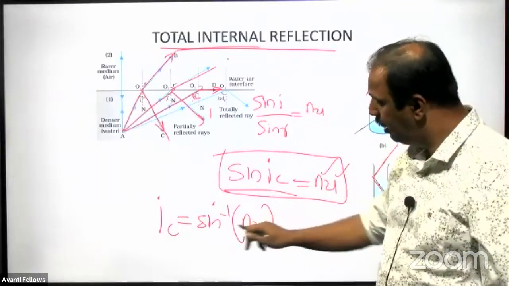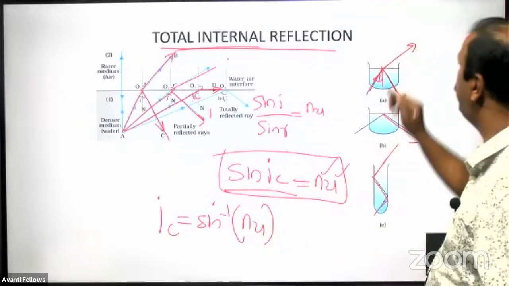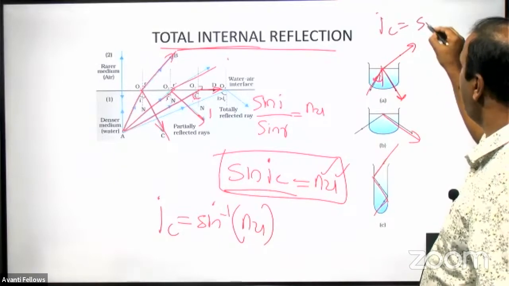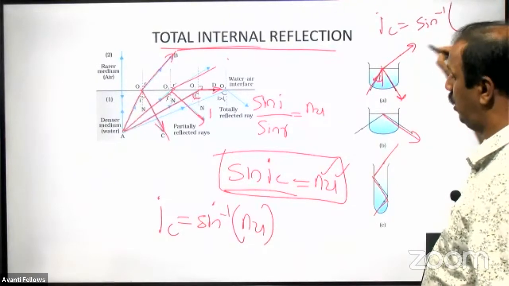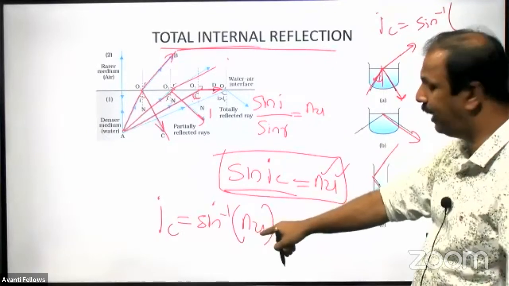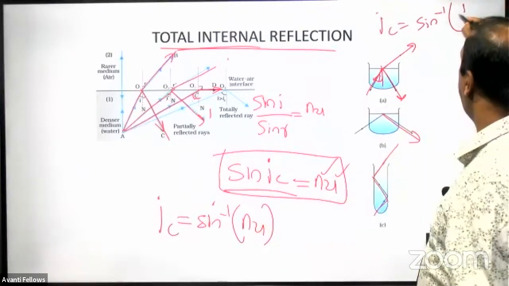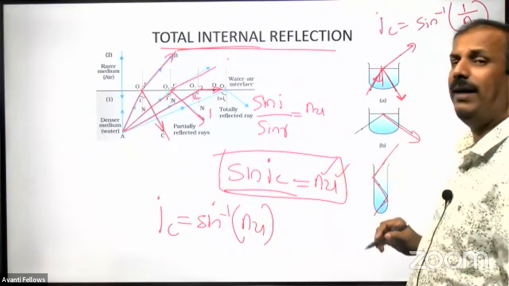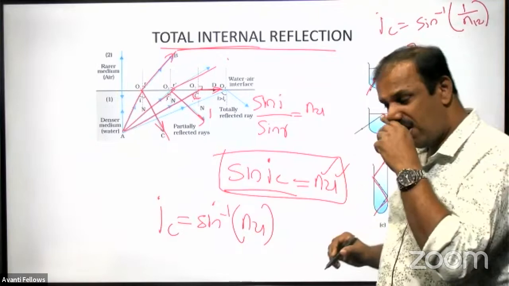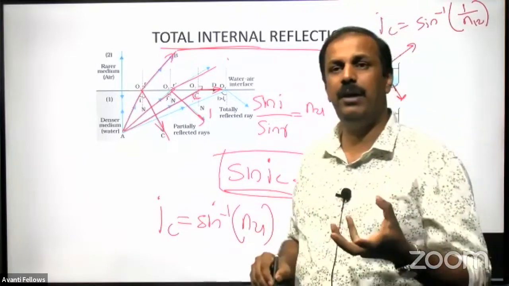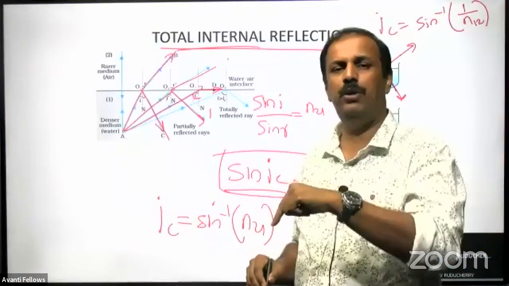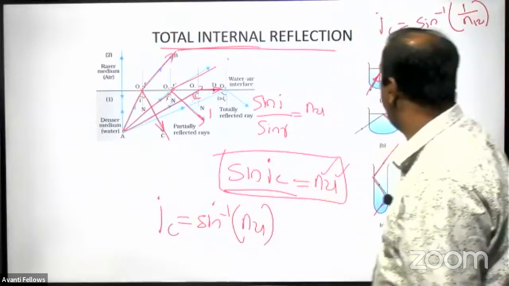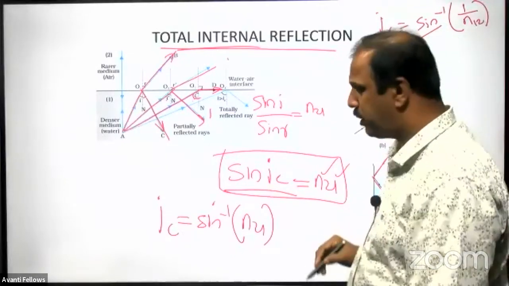So here you have to change the equation. So i_c is equal to sin inverse of n21. Actually, we need 1 by n12. You have to take 1 by that. So when you take the refractive index of diamond, 1 by 2.4, you take its sine inverse, then only you will get it right. People used to make mistakes in that one. That's why I stressed on that.